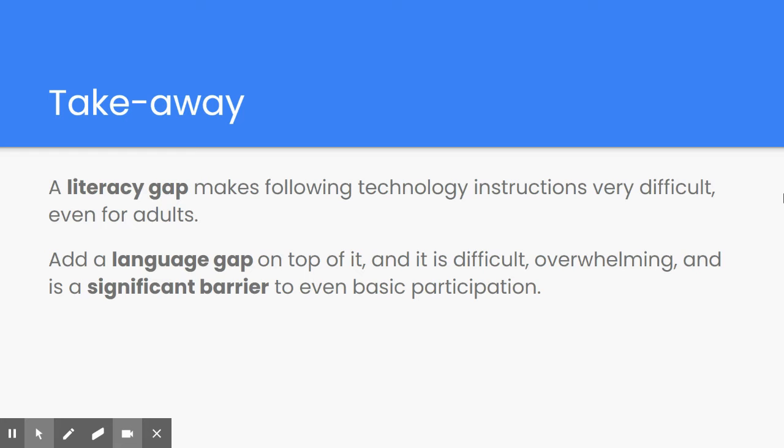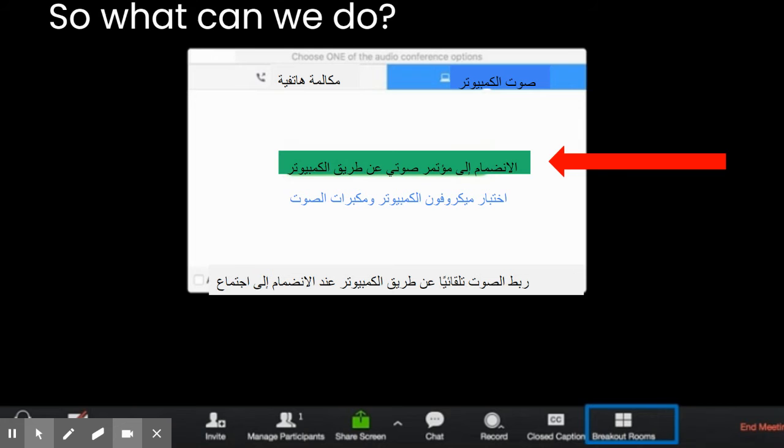The takeaway here being that even a slight literacy gap makes following technology instructions very difficult, even for adults. And if you add on top of that a language gap, it is not only difficult, it is overwhelming, and it becomes a significant barrier to even basic participation in their education.